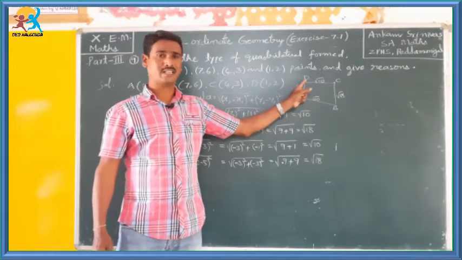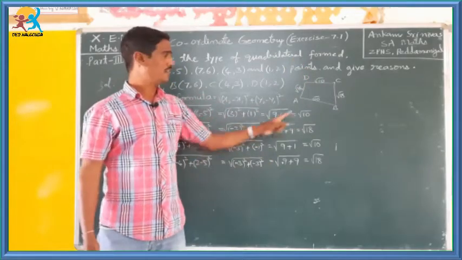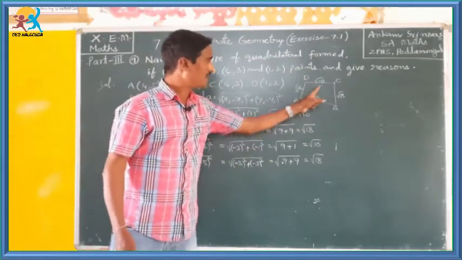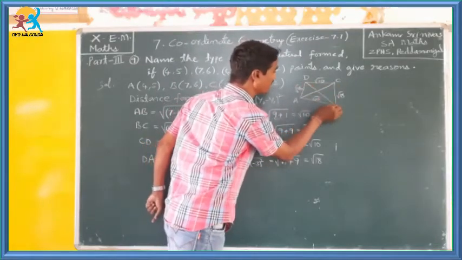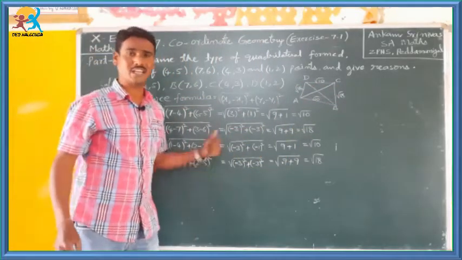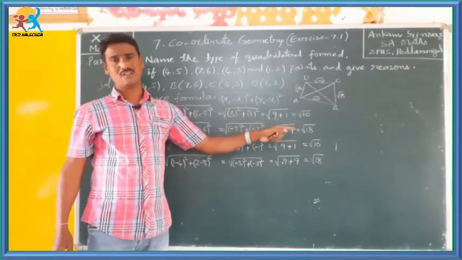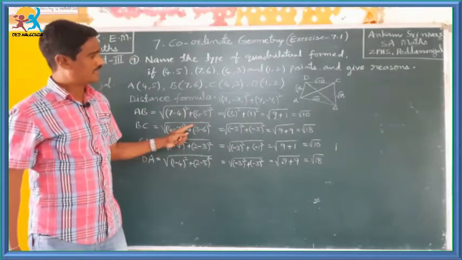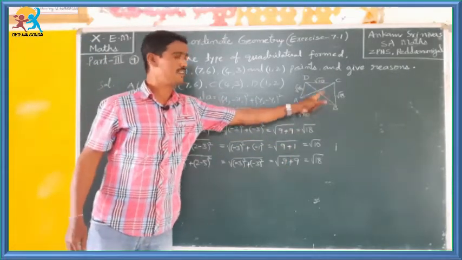Then we have to check whether it is a parallelogram or a rectangle. We have to find the length of diagonals AC and BD. If the lengths of diagonals are equal, then it becomes a rectangle.